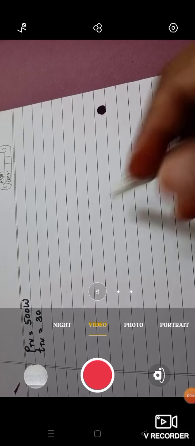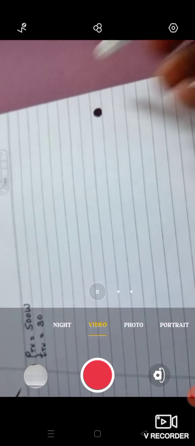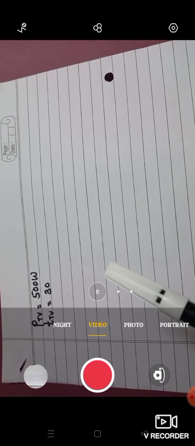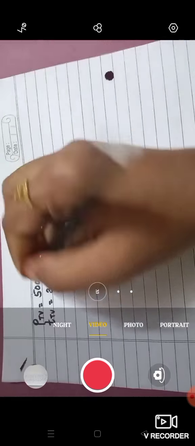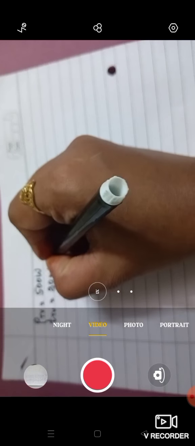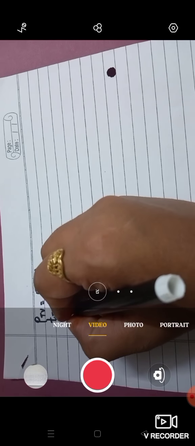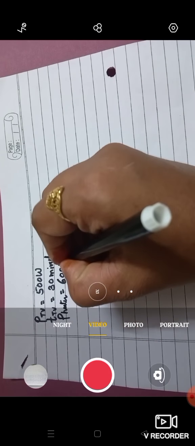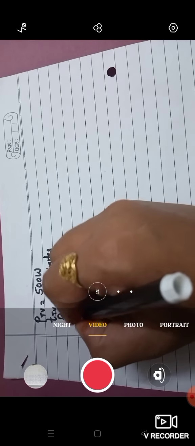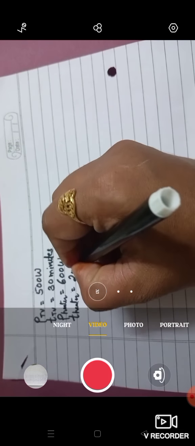So let's prepare the data. As mentioned in the question, the power of the TV is given as 500 watt and the time for which it has been used is 30 minutes, so we will write 30 minutes here in the data. In the same way, the power of the heater is given as 600 watt and the time for which it has been used is 20 minutes.